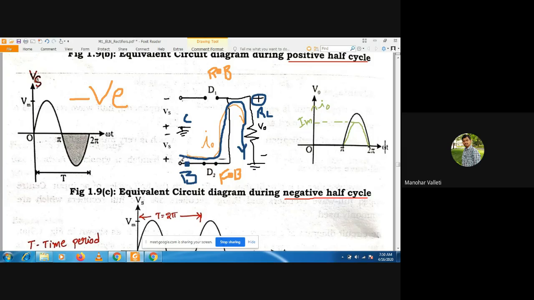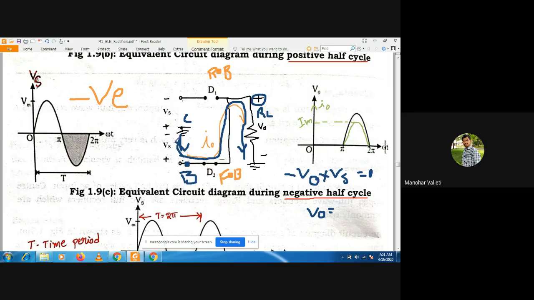In this case, if you again apply KVL, it is again clockwise only, the output is plus and minus. So we will consider the second sign. Minus V naught minus Vs equal to 0. The current direction is following like this, so the second sign is plus here.